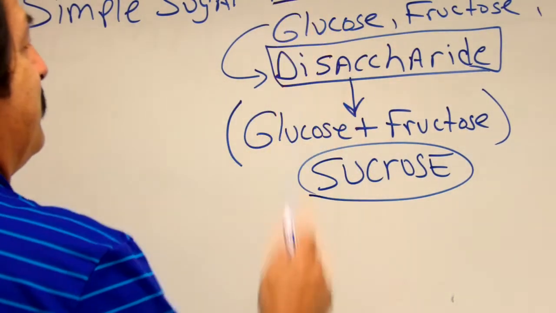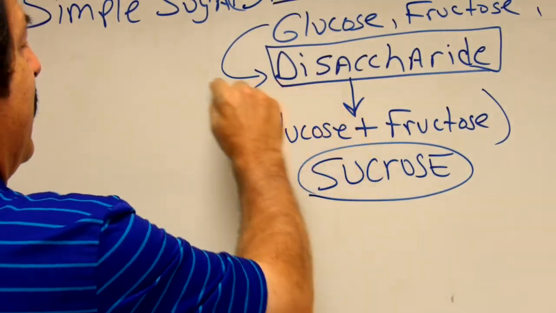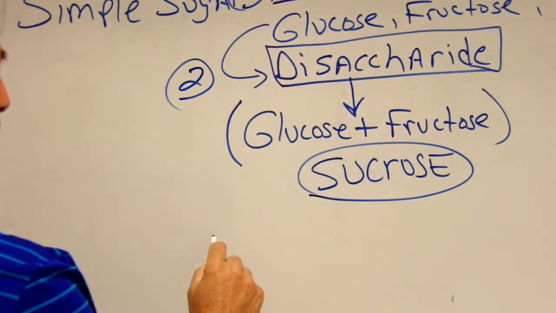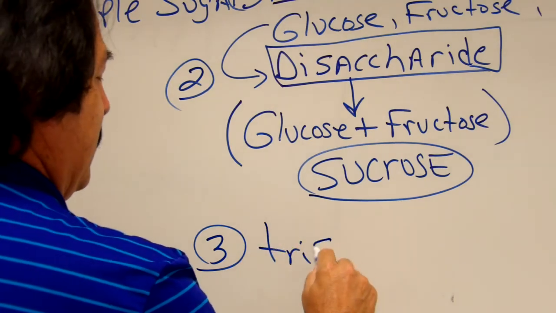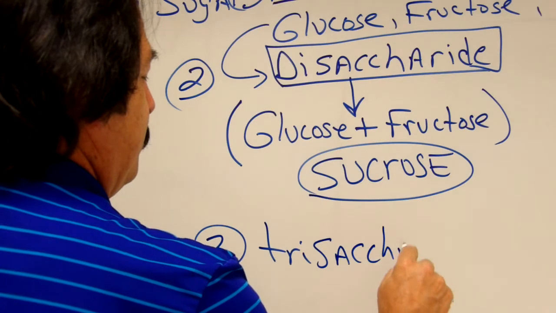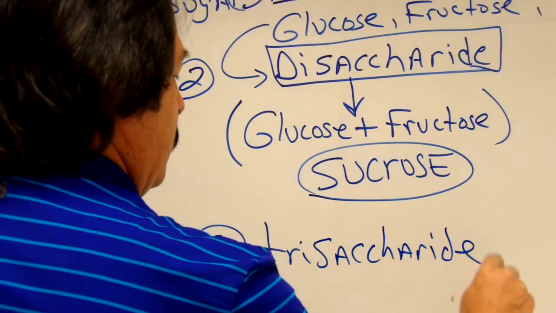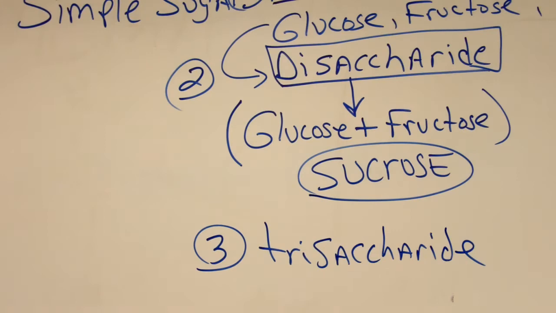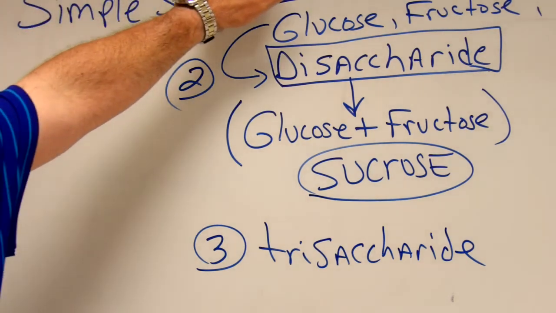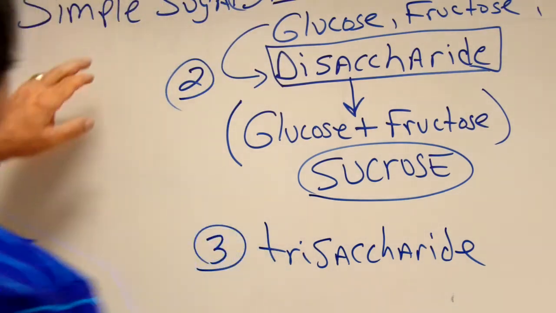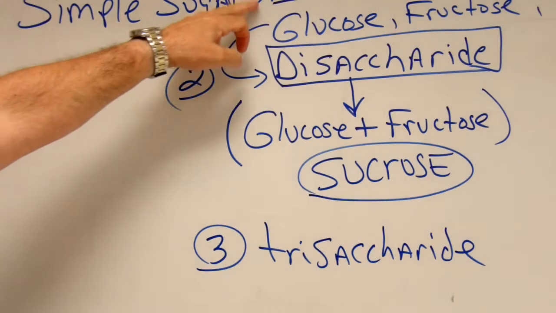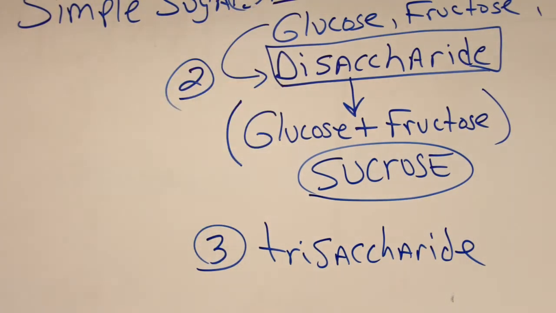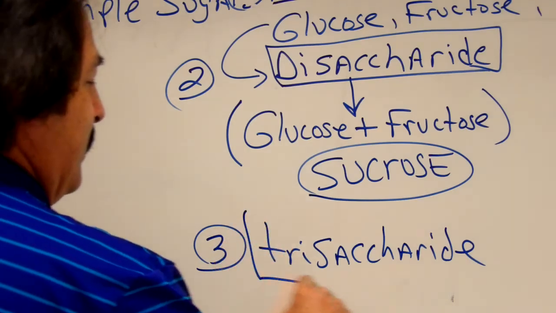Well, if you have monosaccharide and disaccharide, can you have a trisaccharide? And of course you can. Carbs, sugars, saccharides, simple sugars, complex sugars, monosaccharides, disaccharides, and trisaccharides.